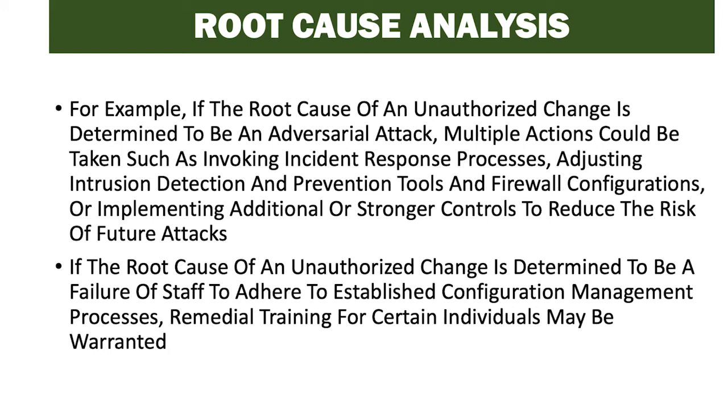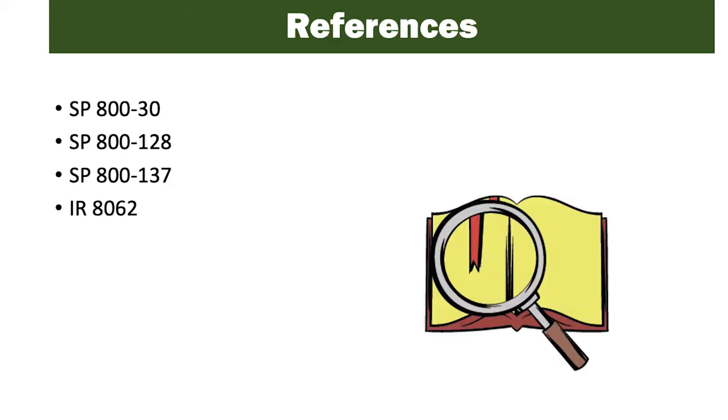If the root cause of an unauthorized change is determined to be a failure of staff to adhere to established configuration management processes, remedial training for certain individuals may be warranted. So depending on what the root cause of the unauthorized change is, there are different tasks we have to undertake. It may just be training because someone didn't know how to properly do a change, or it may be an attack that needs much further investigation and response.